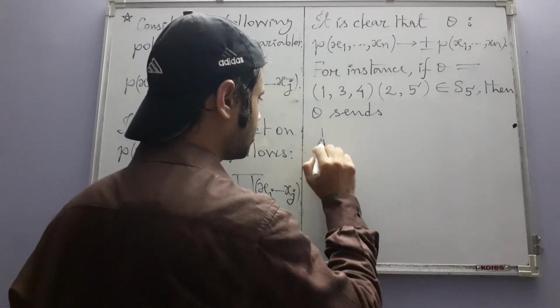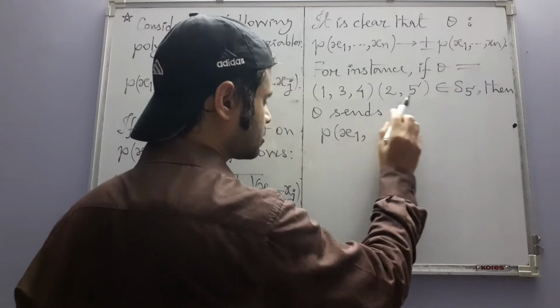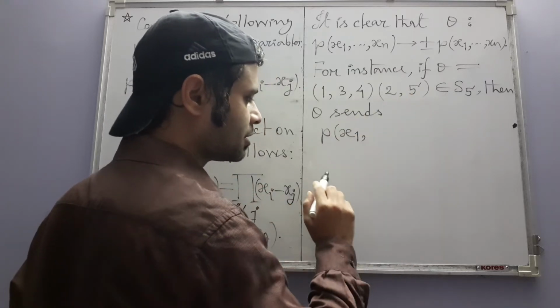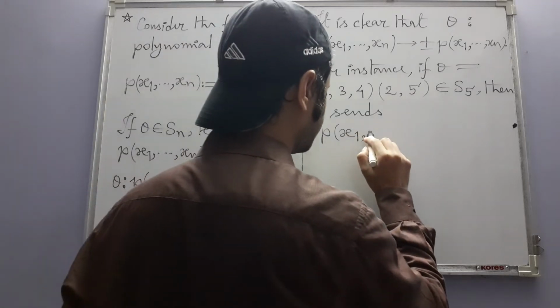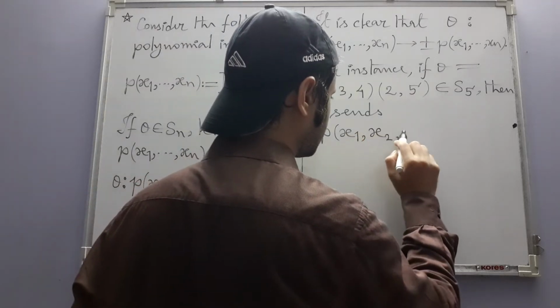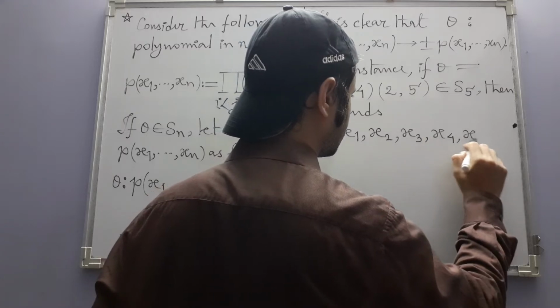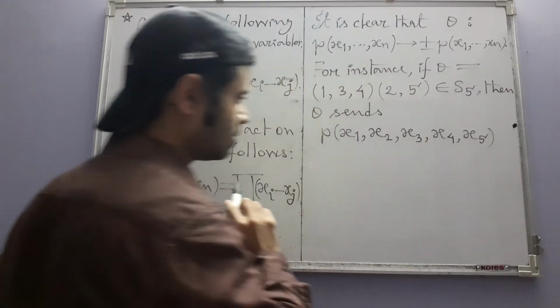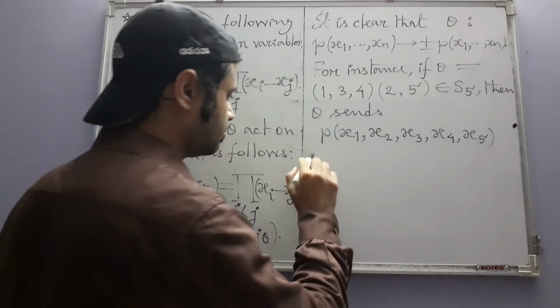So now our polynomial is what? Because the permutation is coming from S5, now the polynomial will have 5 variables. So we are writing in detail so that there is no room for confusion.